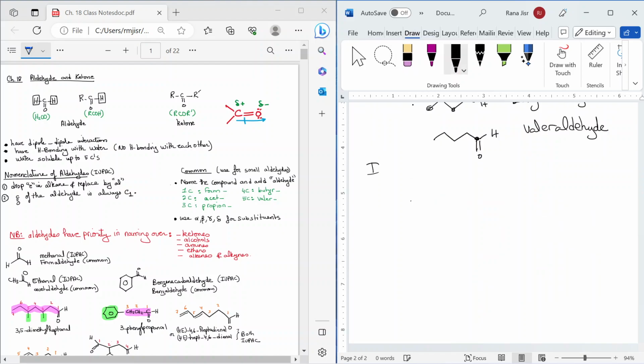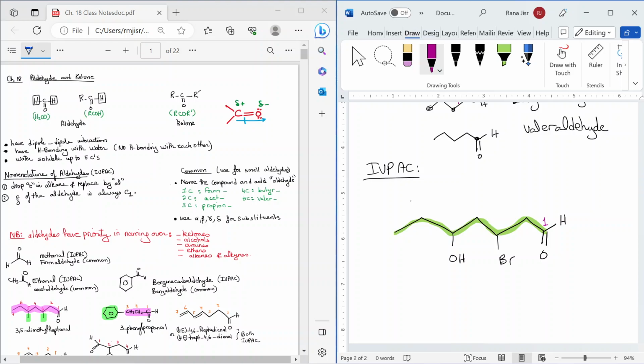To name aldehydes with the IUPAC name, we always choose the longest carbon chain that includes the carbonyl. Let's say we have a bromine and an OH in there. You choose the longest carbon chain that includes the carbonyl. You give your carbonyl always the lowest number, and in the case of the aldehyde, you always give it carbon number 1.